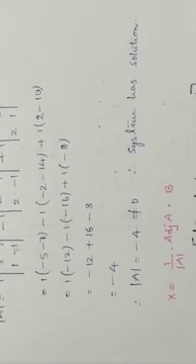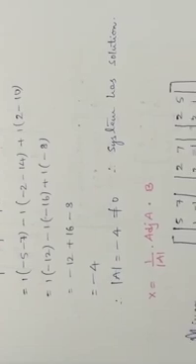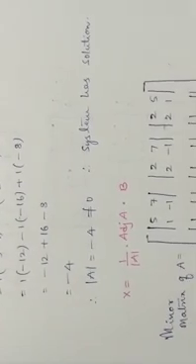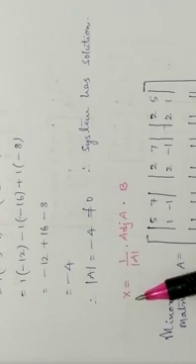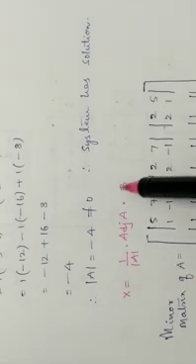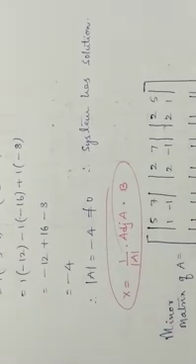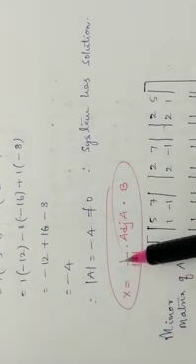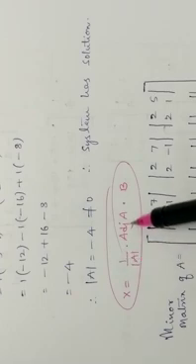How to find that solution? We need the values of x, y, z, no? X, y, z are in which matrix? Matrix X. X equal to, using this formula, we will find the values of x, y, z. What is 1 by det A into adjoint A?